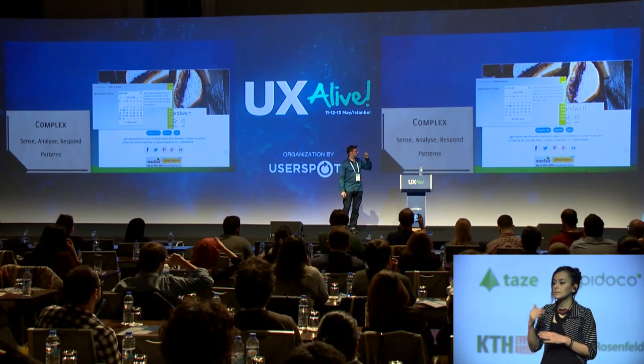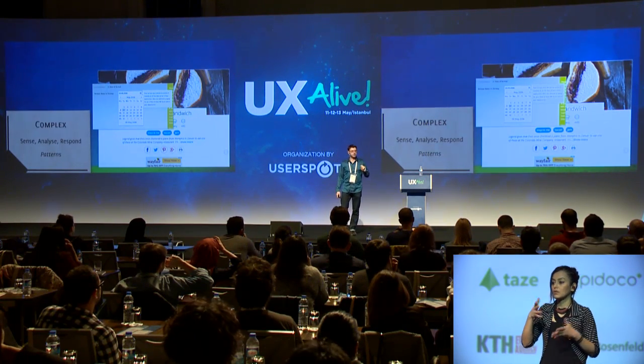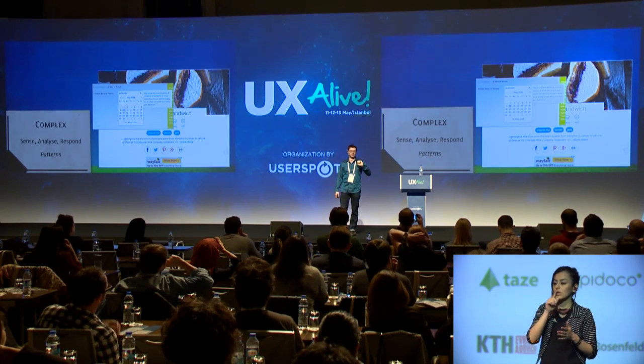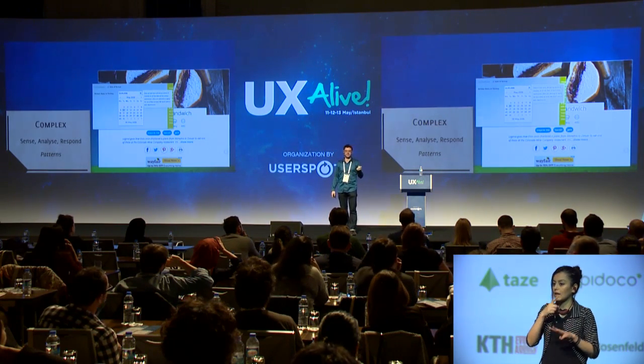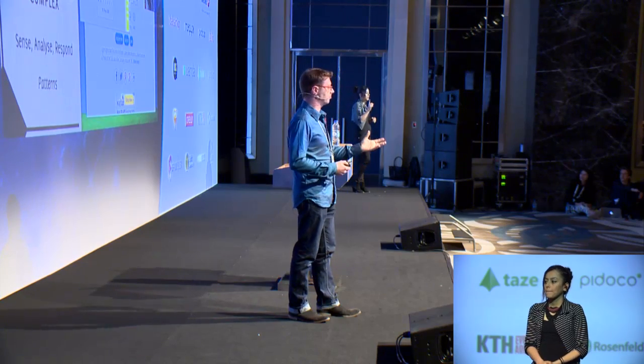But actually, the reason I pulled this one out is because they have 2 different date pickers on the Turkish e-visa website, because you have to also tell the Turkish government your date of birth. And this would be a terrible date picker for that, because you'd have to go back month by month by month for 30 or 40 years. So instead, they've got a completely different one in there. So that's a really good use of patterns. That's a really good use of understanding this complex problem and the fact that you can't simply slot in a replacement, but you don't want to go reinventing the whole date picker.